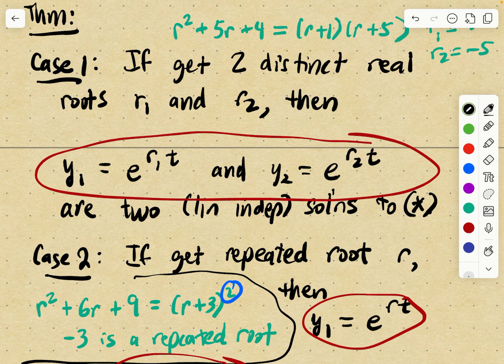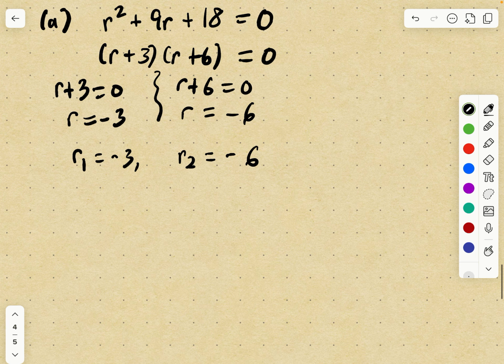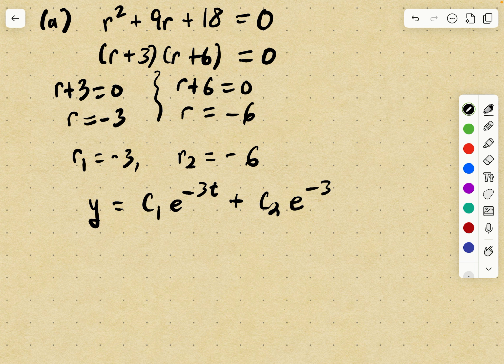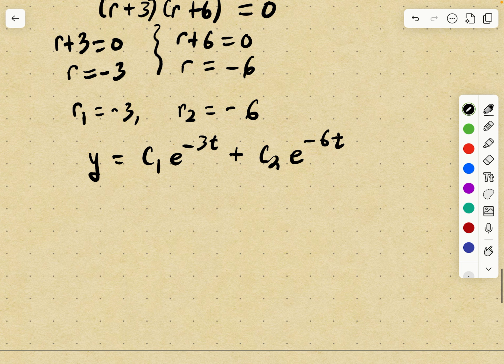Here's your y1 and y2. So we know that the general solution is c1 e to the negative 3t plus c2 times e to the negative 6t. And that's the answer to part A. Find the general solution.